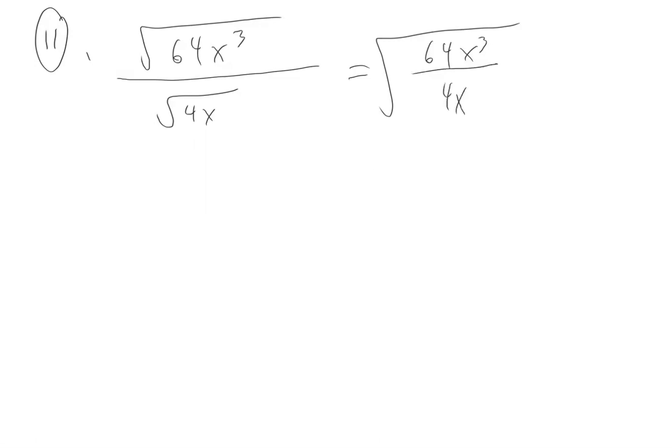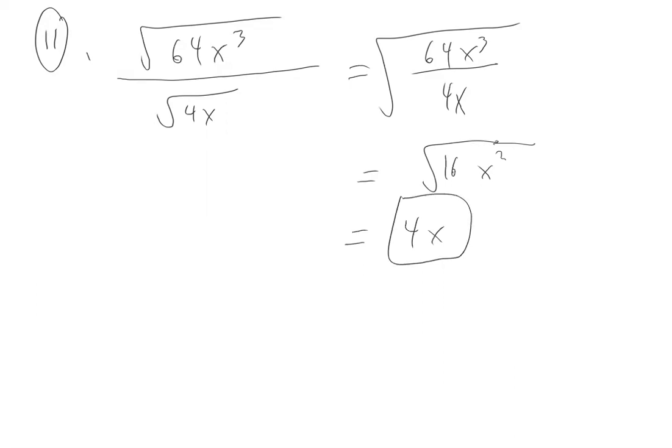The 4 goes into 64 and leaves you with 16. And the x goes into x cubed and leaves you with x squared. And then the square root of 16 is just 4. And if x is positive, the square root of x squared is just x. So you get 4x.